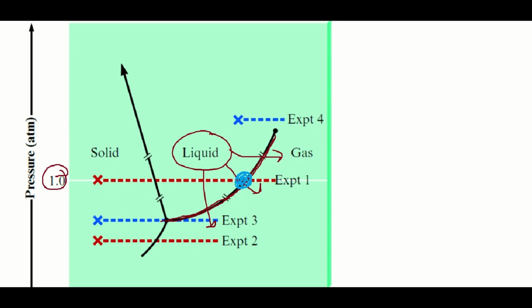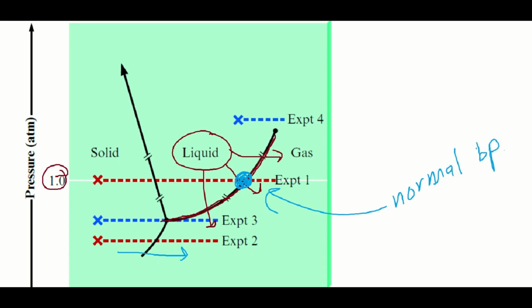Now some of you said experiment 2. This is not a boiling point. That's called sublimation. Boiling point is liquid to gas, not solid to gas. Experiment 3 doesn't cross this blue dot. This blue dot represents the only single normal boiling point for water.